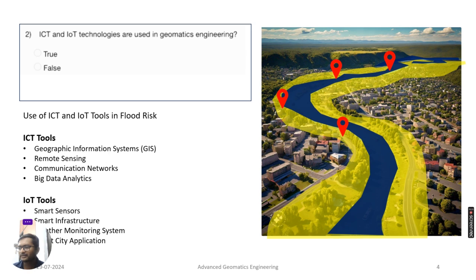In today's lecture, at the end of this class, we will see one such application, the example of Gandhinagar Municipal Corporation. They have developed a web-GIS platform through which you can monitor different parts of the city and different assets of the city and how they interact with each other. So we'll go through it once. This is how we can incorporate ICT and IoT tools in geomatics engineering.